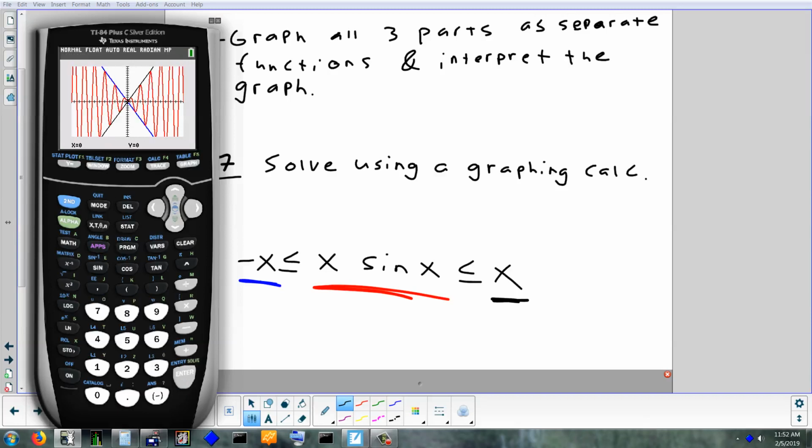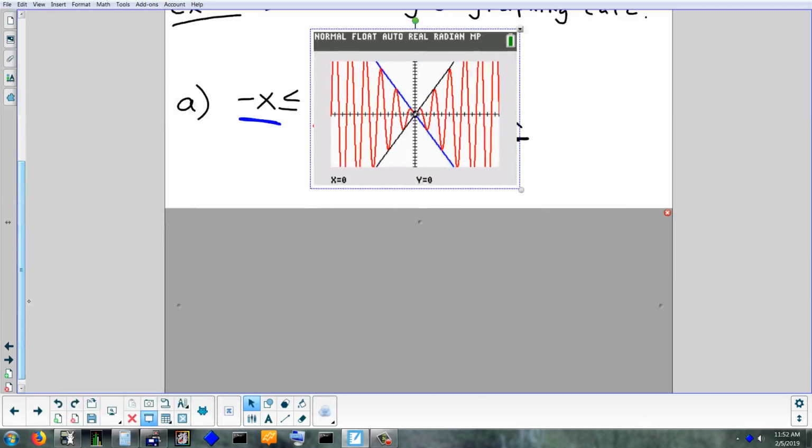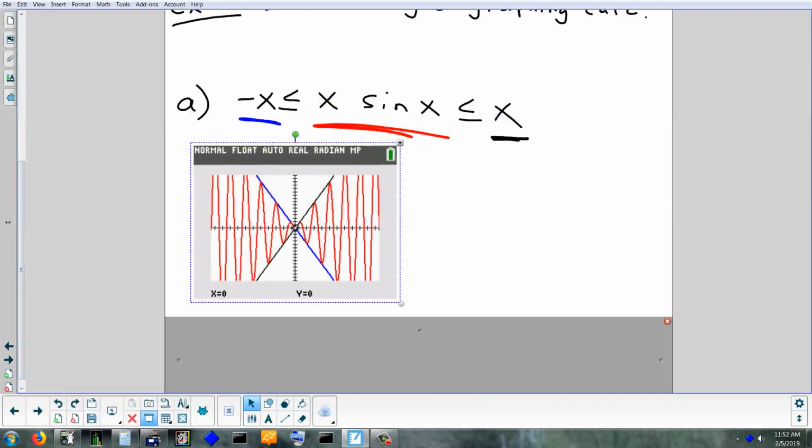Okay, so we're looking for where a graph is sandwiched between two other things. So let's look at this. We're looking for where the graph in red is above the one in blue, but below the one in black. From 0 to infinity, right?